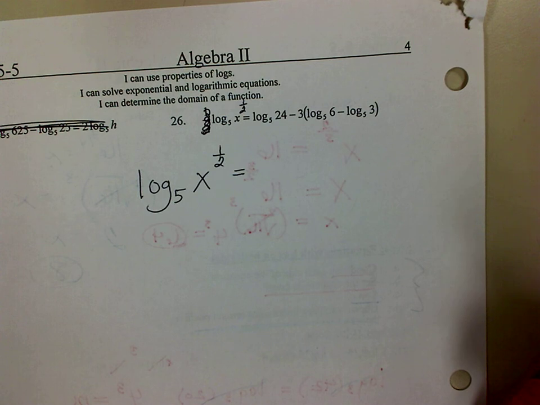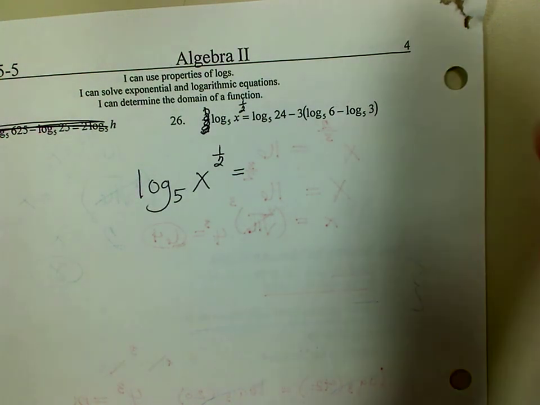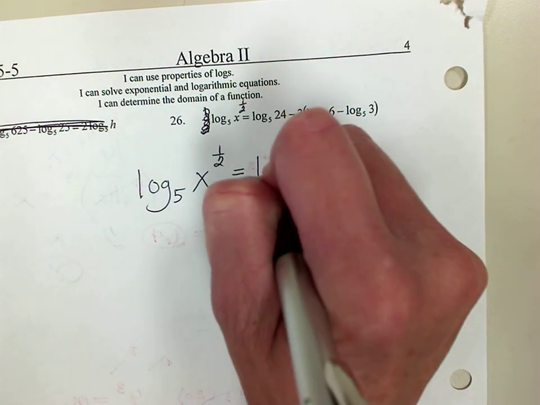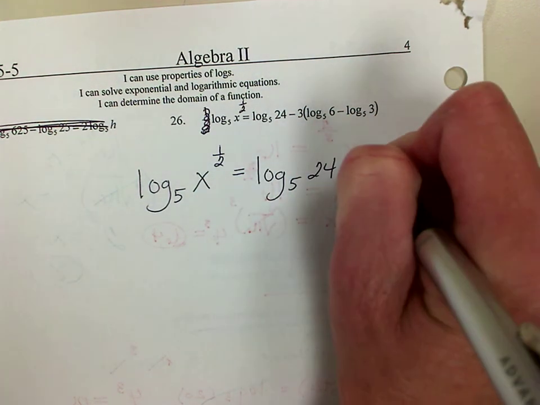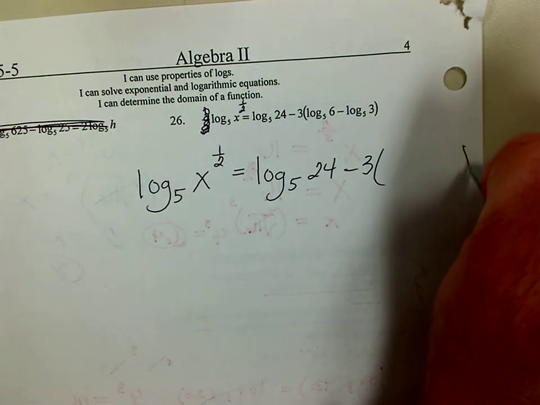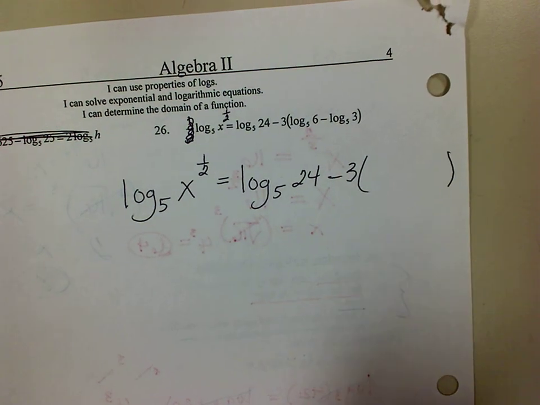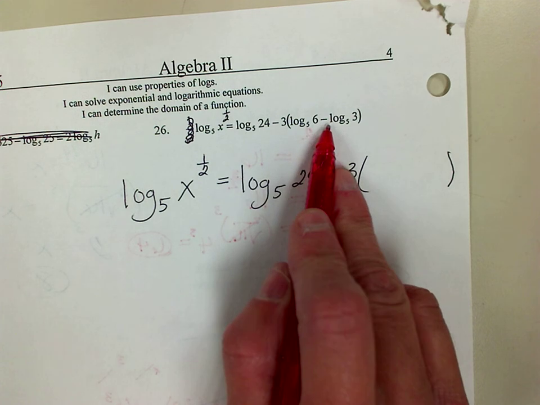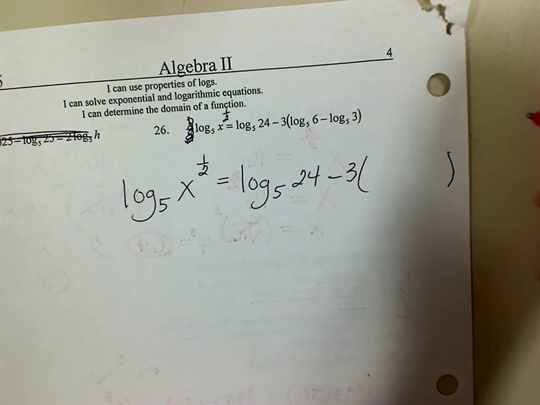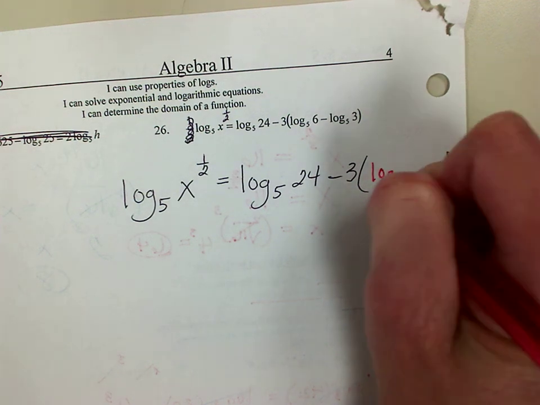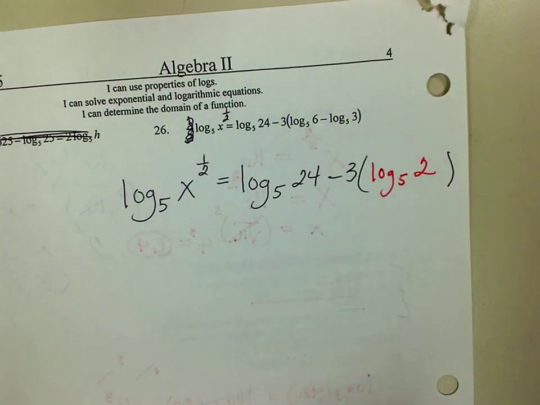If you're not sure what to do next, just do the parentheses first. Let me bring everything else down first. Log base 5, 24 minus 3, and I'm going to do what's in parentheses now. This means to divide the 6 and the 3. That's going to be 2. So now I have log base 5, 2.